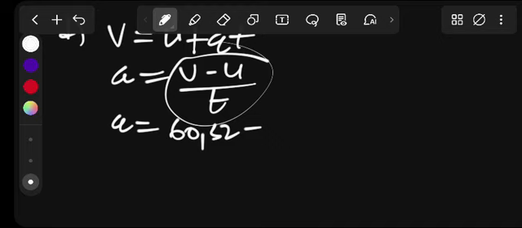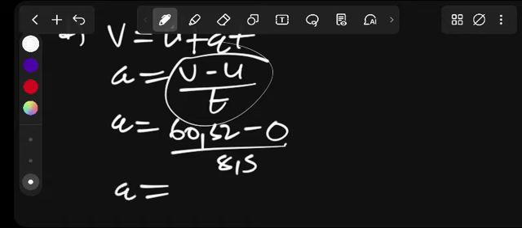Initial, I think it was what? It was 0. Here we have 0, divided by time, which was 8.5. So acceleration will be 7.09.